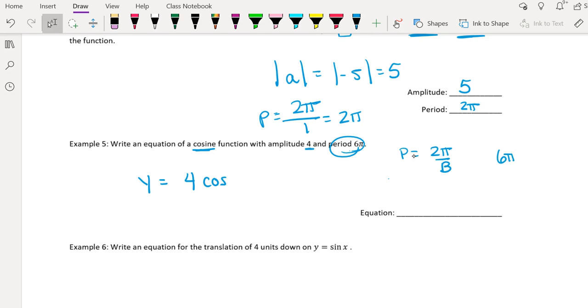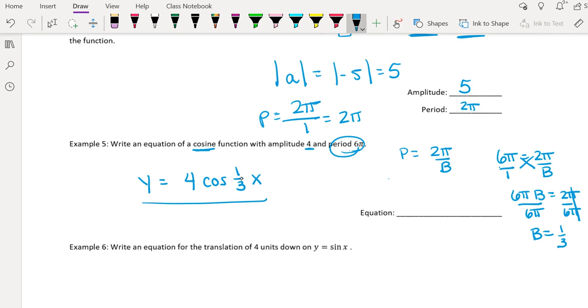So we have 6 pi is equal to 2 pi divided by b, which means we can cross multiply this to solve for b. So I have 6 pi b is equal to 2 pi, divide both sides by 6 pi to get the value of b. Pi's cancel, and 2 over 6 is 1/3. So this becomes 1/3 x. So this is your equation.